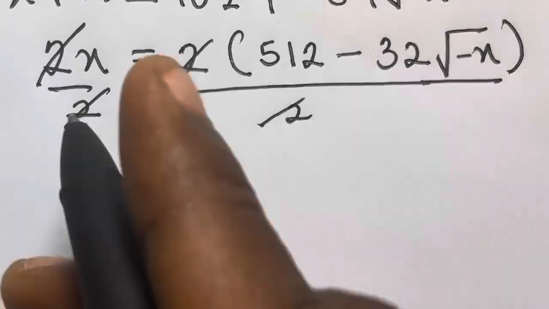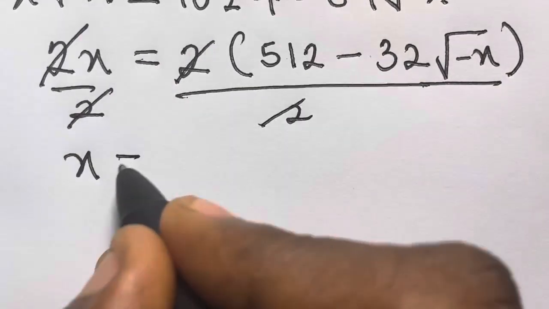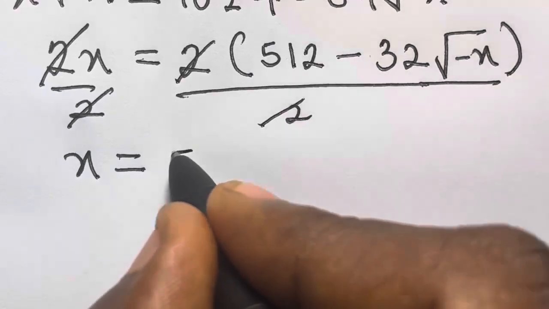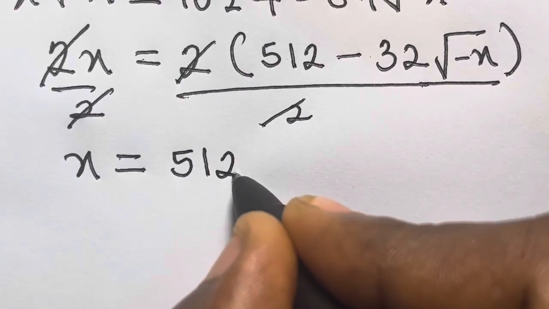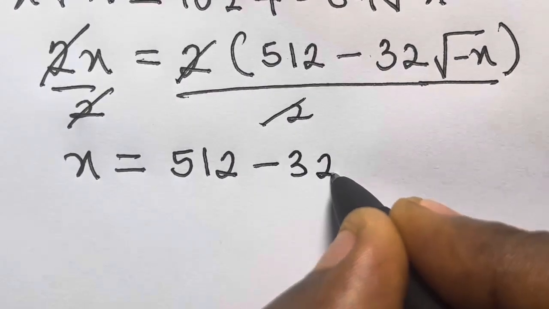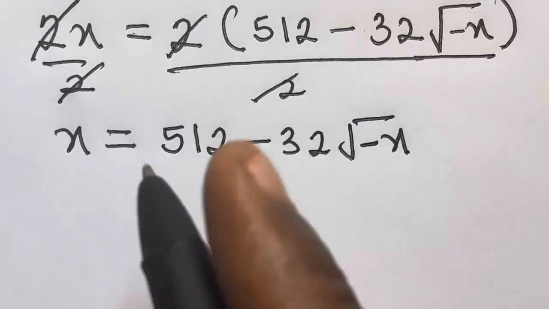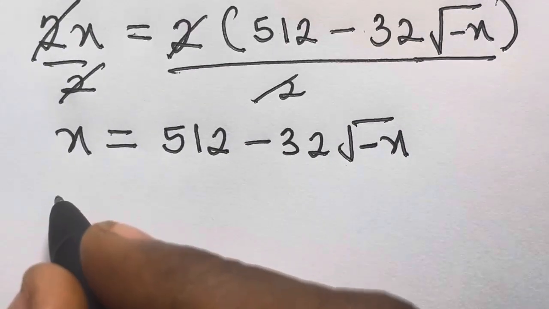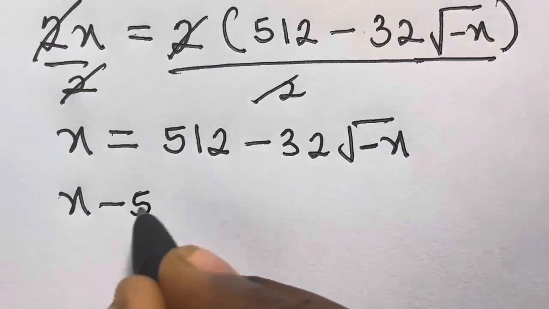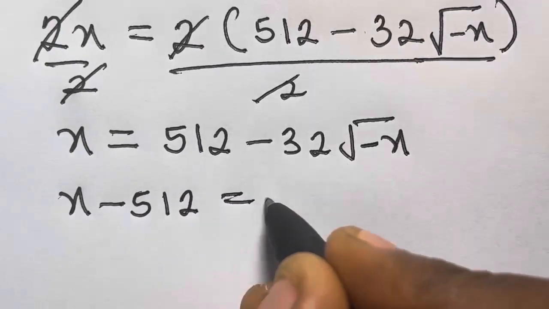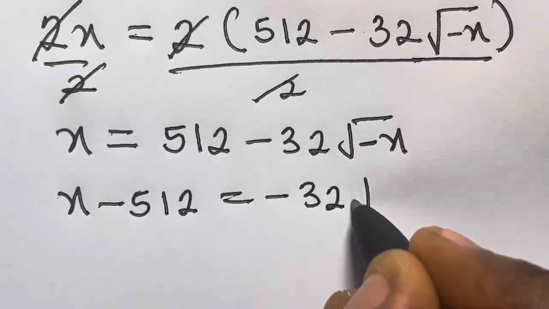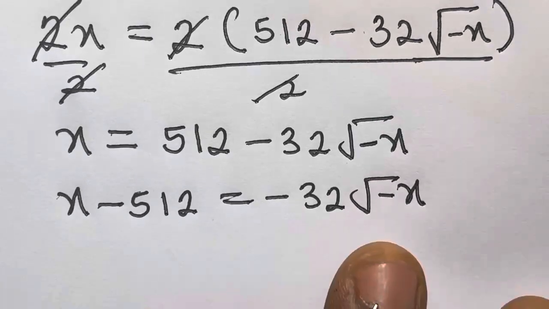So we'll have x equals 512 minus 32 square root of minus x. So from here, we can transfer this to this side. So we have x minus 512 equals minus 32 square root of minus x.